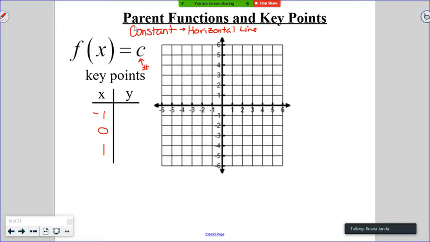When I plug it into that function, I get whatever that constant is. Let's pretend that it's something like 2, that would be a horizontal line up at 2. And again, yes, horizontal lines, y equals a constant, are parent functions. It's the last time we have that conversation in this section because we just won't apply transformations to that. It's not a function that we would transform.